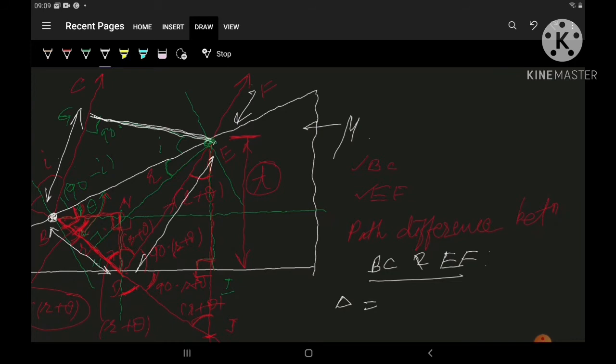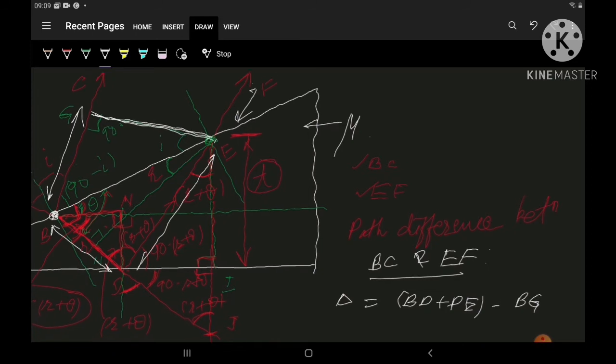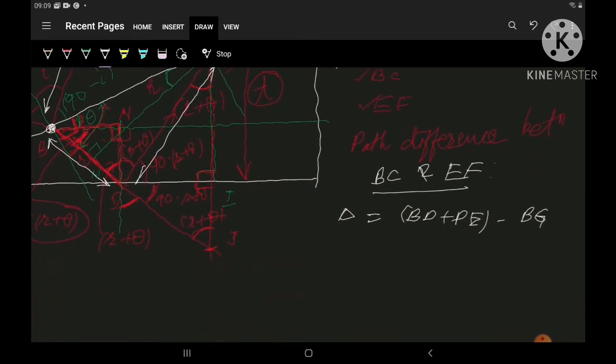So from this figure obviously the path BD plus DE is longer than BG, so the path difference will be equal to BD plus DE minus BG. But one thing here, BD plus DE is the path that is traveled in a medium of refractive index mu, and BG is a path that is traveled in air. So both of these two lengths should be considered in the same medium.